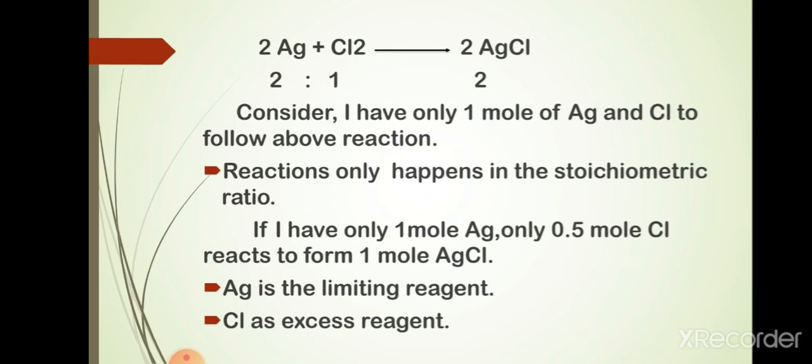Let us look. We know that the reactants only react in the stoichiometric ratio. So if I have 1 mole of Ag, only 0.5 mole of chlorine reacts to form 1 mole of AgCl, to keep up the stoichiometric ratio.